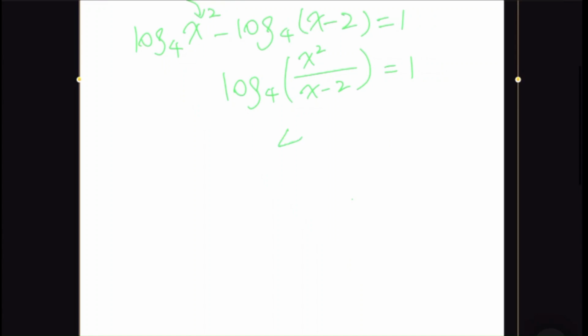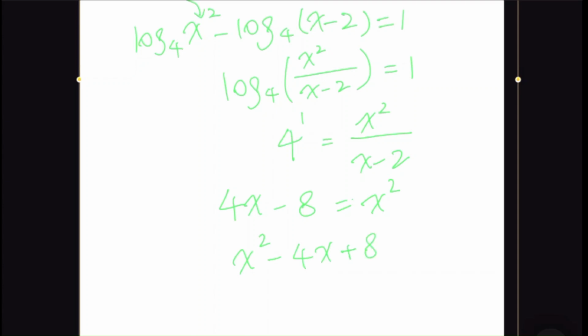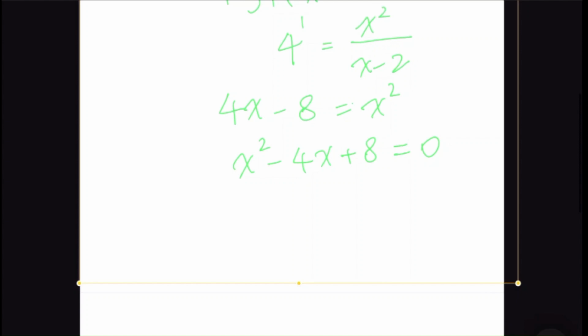Using our definitions, we have 4 to the power of 1 equals x squared over x minus 2, which leaves us with 4x minus 8 equals x squared, and finally x squared minus 4x plus 8 equals 0. How are we going with solving this quadratic equation?